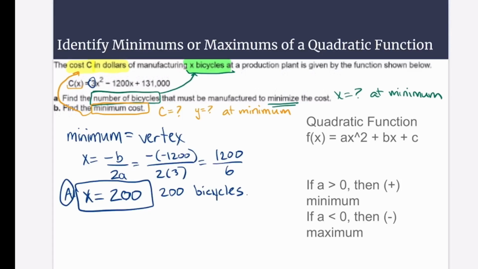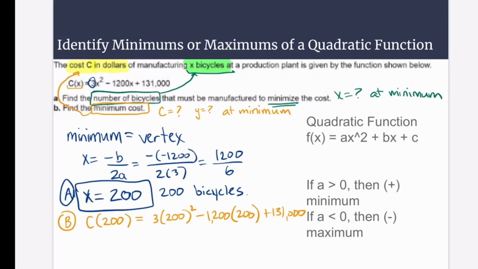And to find the y value or the C value, we have to take that 200 and plug it in. So what is C? What is the cost when there's 200 bicycles? So 3 times 200 squared minus 1200 times 200 plus 131,000. So just plug the whole thing into the calculator.